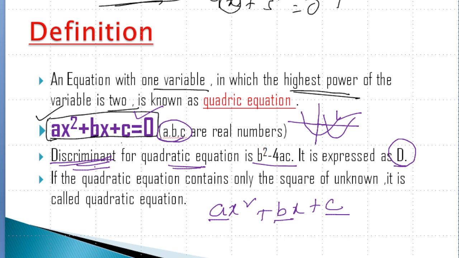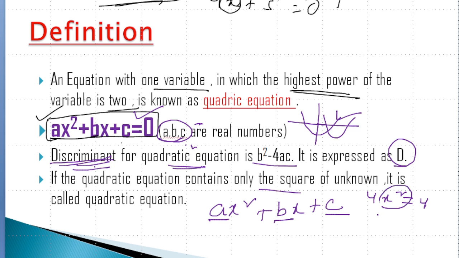Now, if the quadratic equation contains only the square part as unknown, for example 4x square equals 4, what is the unknown here?